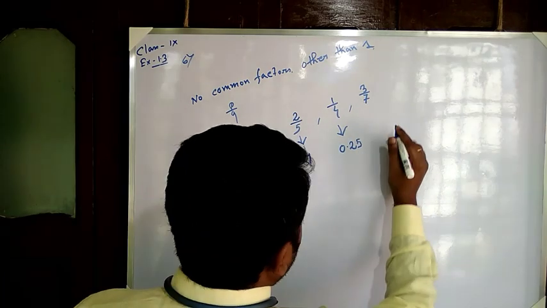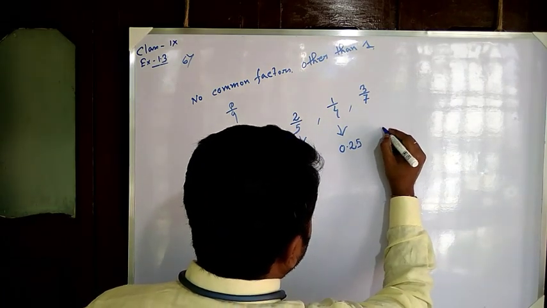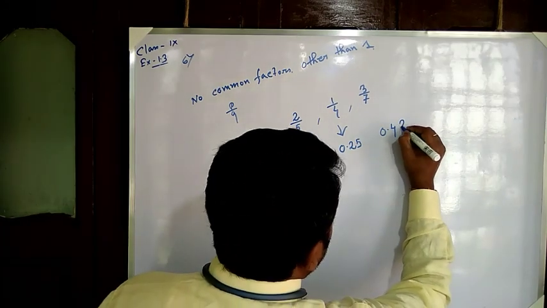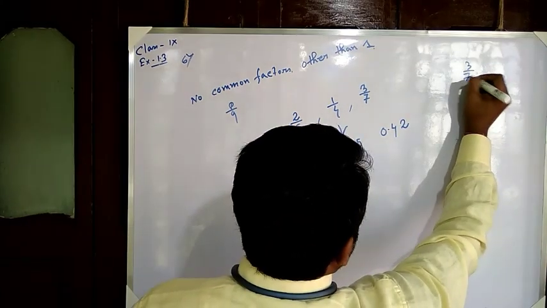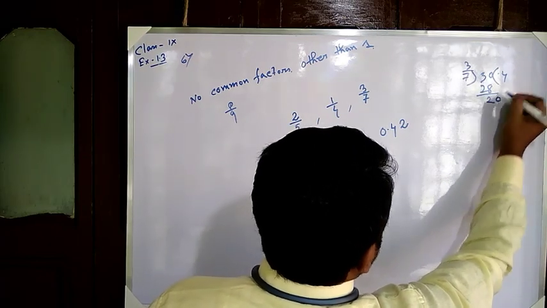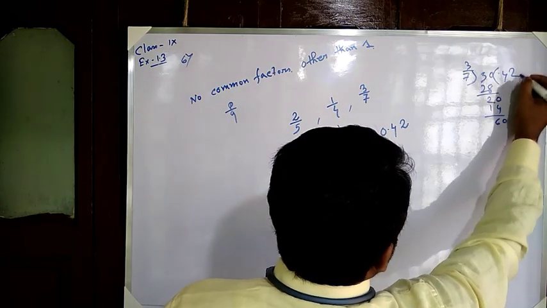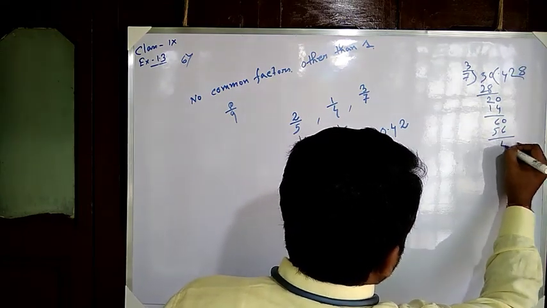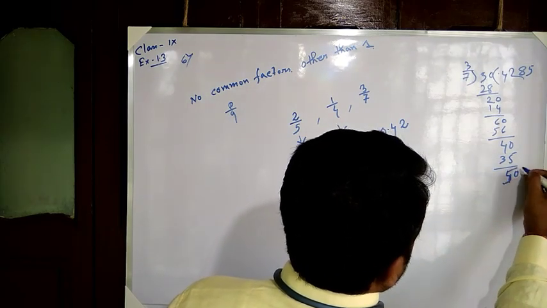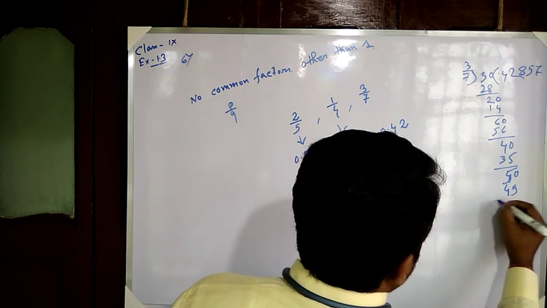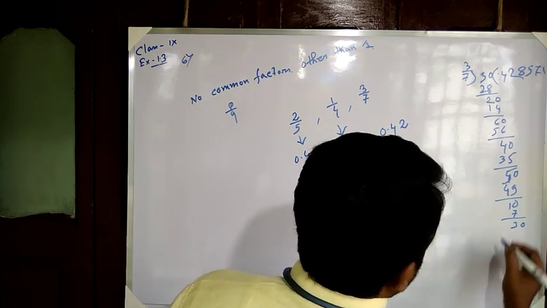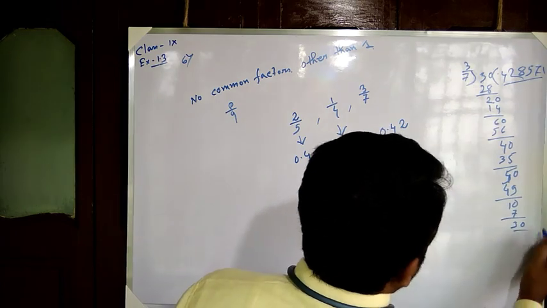But in case of 3 by 7, if you divide, see, 0.428571.